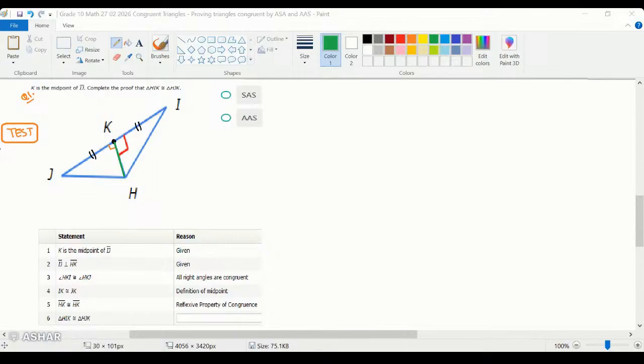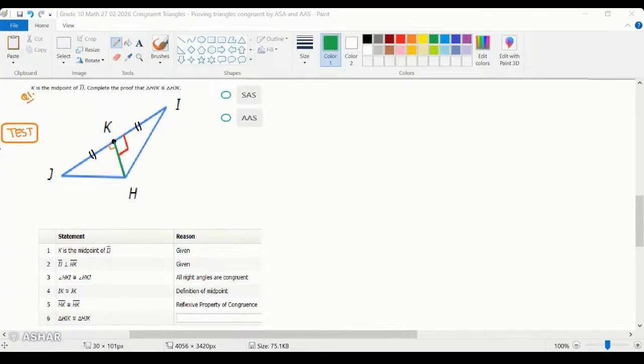Michael, Inspiration, or Valerie? Attaboy. Anyone? How many angles do we have? We have a single angle that's given to us, right? At K, it is forming a perpendicular. And how many sides are given to us? They told us JK and KI are equal in length because K is the midpoint. So one ratio of the sides is given.